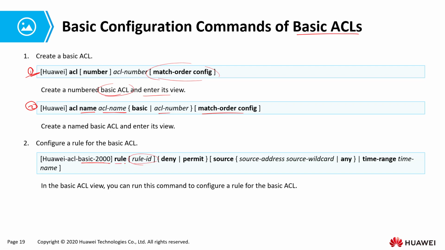So we specify the rule keyword, the rule ID, and then the deny or permit statement, one of these two. Now this is required, and we specify source and add the source address and the source address wildcard. Sometimes you specify any if we want it to be any IP address, and we can also specify the time range.